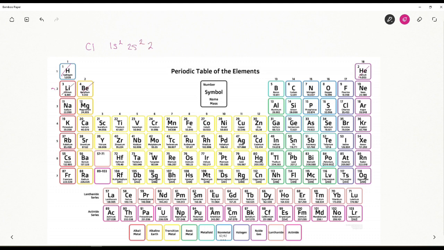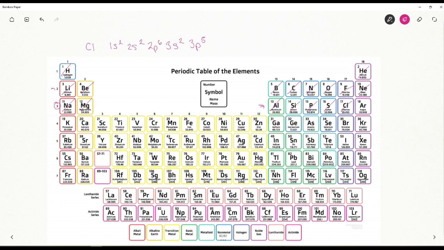Come across to the 2p, 1, 2, 3, 4, 5, 6. Moving on to the third period, I'm back in the s's, that's 3s, 1, 2. Come across here, now I'm in the 3p's. And to get to chlorine, I'm going 1, 2, 3, 4, 5. Here is the electron configuration for chlorine.